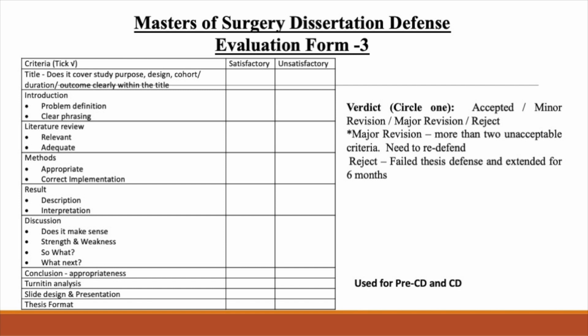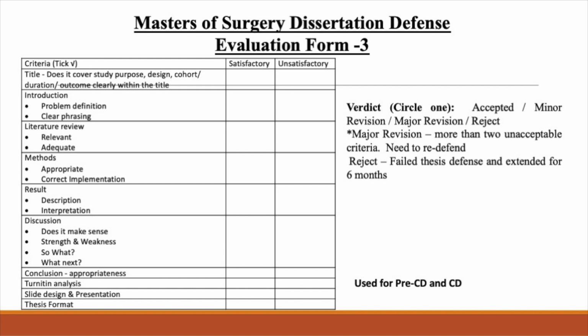These are the exact criteria from the evaluation form, in which they have to get all of it as satisfied as possible, because if they end up getting more than 2 unacceptable criteria in this list, that means ticking unsatisfactory in 2 of these things, they will be asked to redefend.